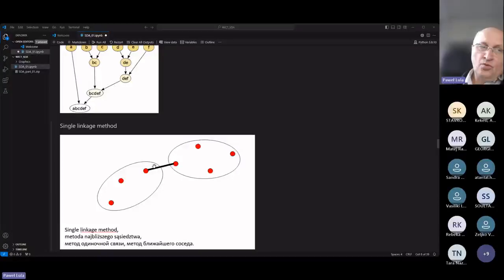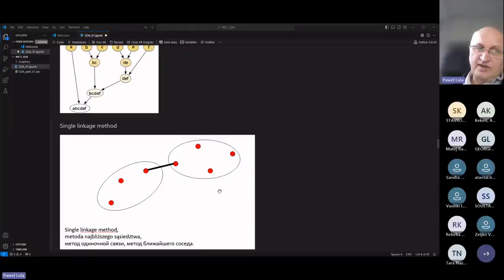When we are thinking about merging two clusters, we should compare similarity between clusters, which is calculated in this way, which is presented here.